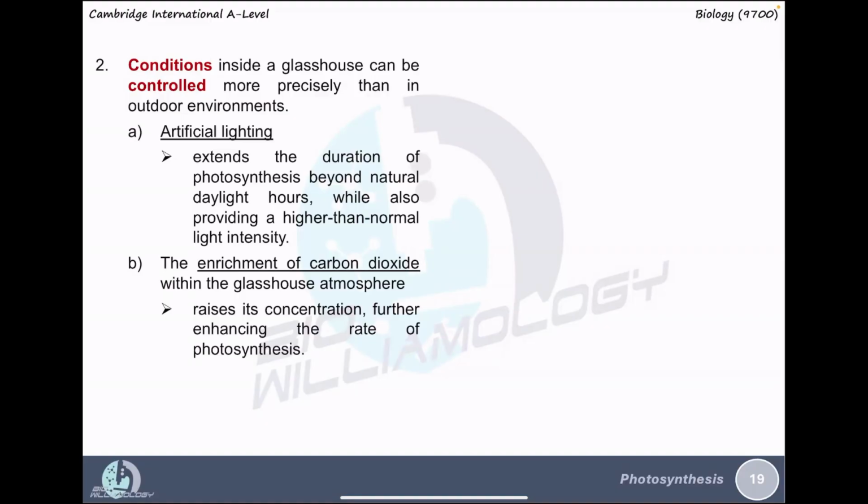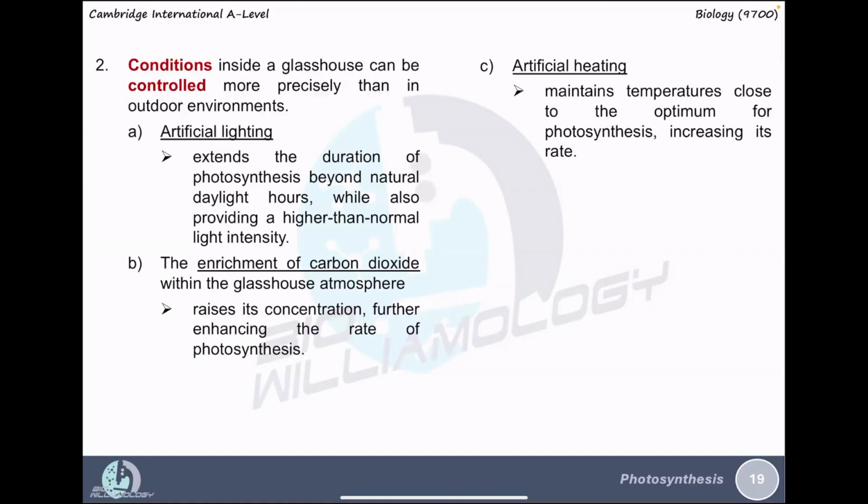By increasing the concentration of CO2, this can help to increase the rate of photosynthesis because we can increase the rate of the Calvin cycle. And third, we can provide extra heating to maintain the temperature close to the optimum temperature for photosynthesis.